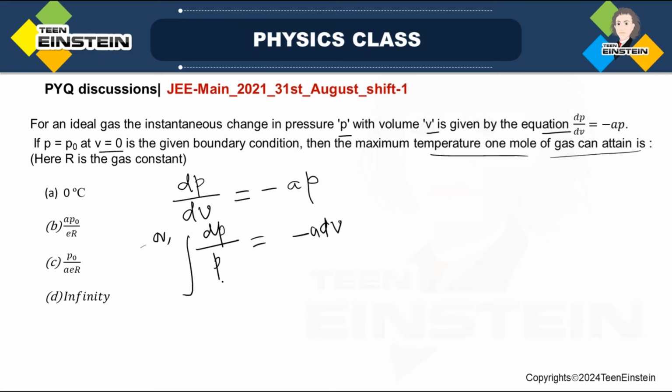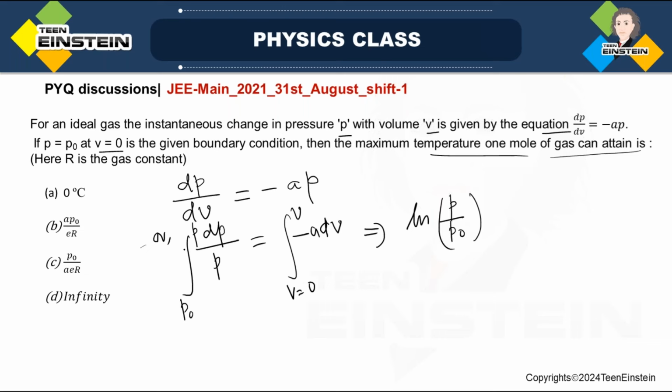Now integrate it within the limit. When V is equal to 0, then P is equal to P0. This is the boundary condition. And let us say the final volume is V when the pressure will be P. If you do this integration, you will get ln P by P0.